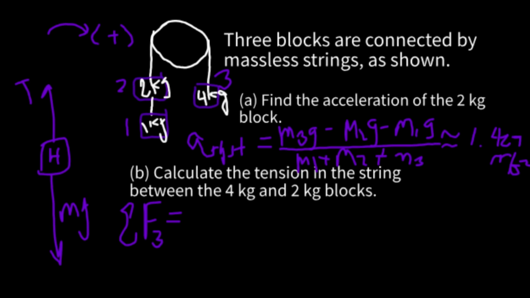So we'll take mg, because it's in the positive direction, minus tension is going to equal m3a, and then tension will equal m3 times g minus a.